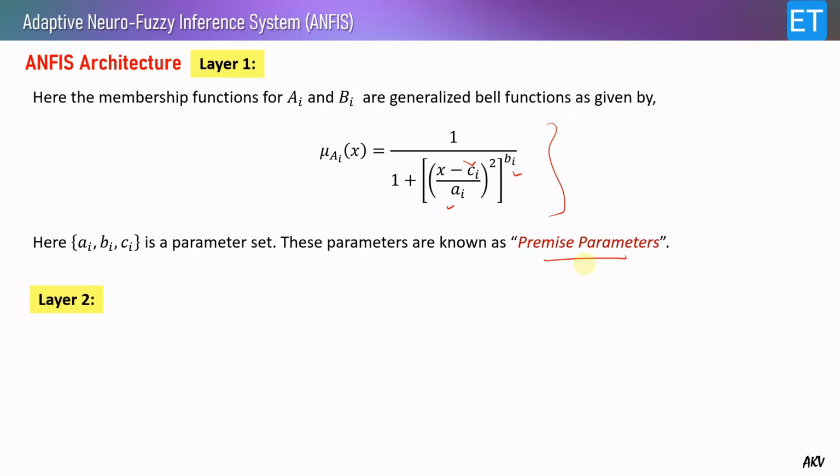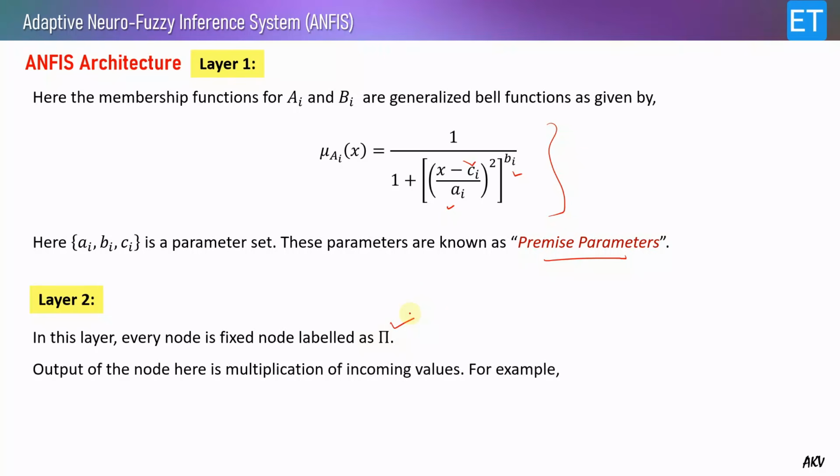Now let's come to layer 2. In this layer, every node is a fixed node, as I said, and the label is pi. The output of the node here is a multiplication of all the incoming values. So the output of the second layer node is Wi, which is simply the multiplication of these two fuzzy values, mu Ai(x) and mu Bi(y).